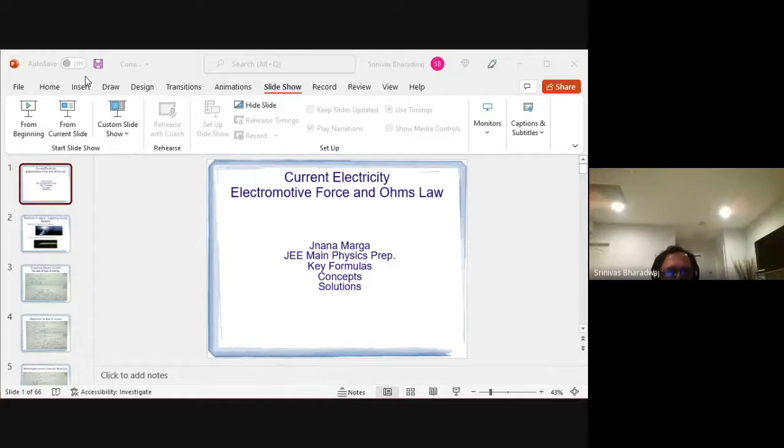V is the voltage across this, so E1 minus V divided by R1 will give you I1, plus E2 minus V divided by R2 will give you the current in this branch. You add the two currents and end up with I1 plus I2 equals I. Therefore, you refactor it, and you end up with I times R1 R2 by R1 plus R2 plus this second term. Then you can rewrite the equivalent resistance and the equivalent voltage.